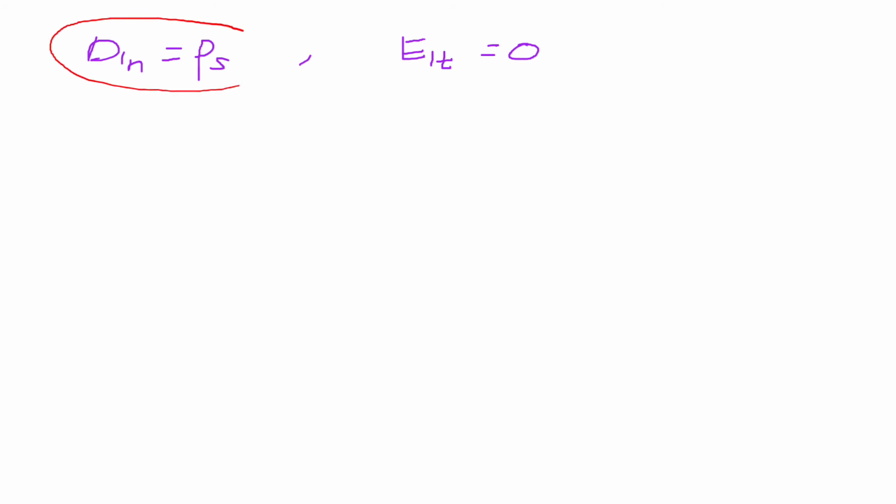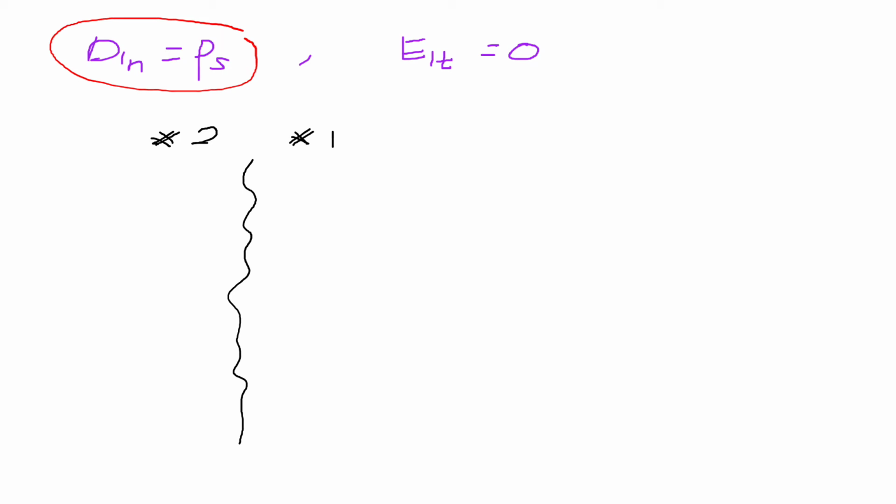For the conductor free space boundary condition, we have two equations: D1n equal to rho s, and E1t equal to 0. Now we want to look at how we can analyze this D. Let's give a situation where we have this kind of boundary, with medium number 1 and medium number 2.